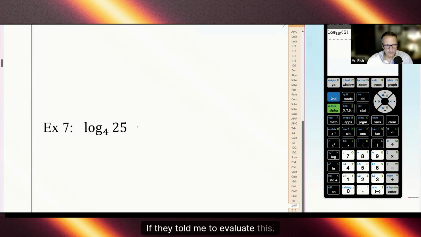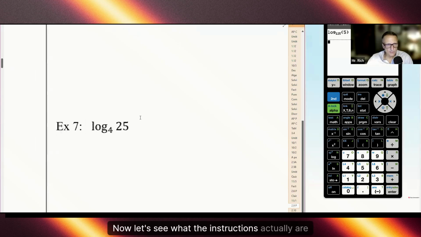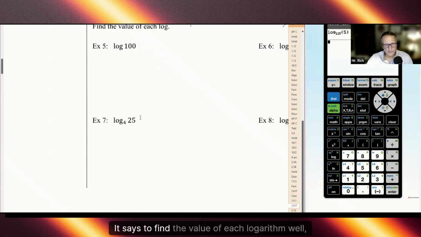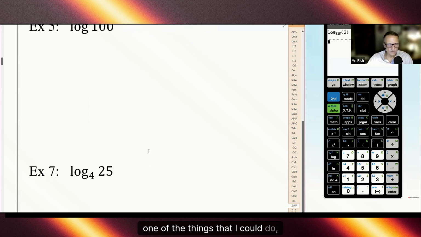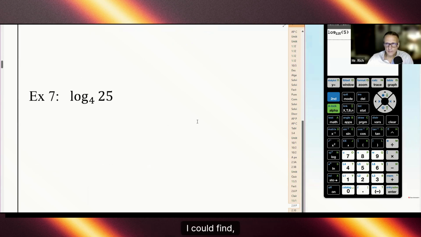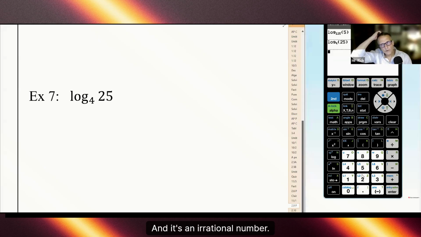Okay, let's take a look at this. Let's see what the instructions actually are for this problem. It says to find the value of each logarithm. One of the things I could do is use my log base and ask my calculator to do it. So I'm going to take math, log base, log base 4 of 25. It's an irrational number, a decimal number.